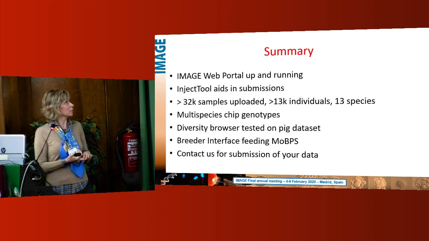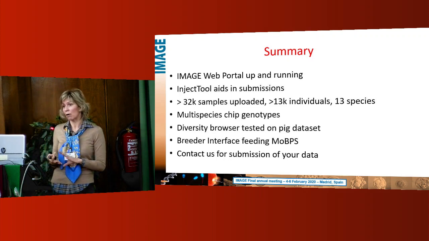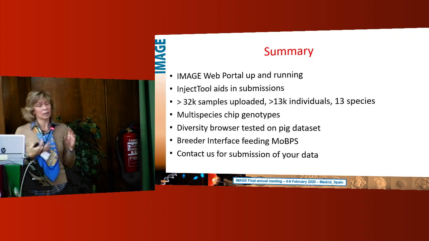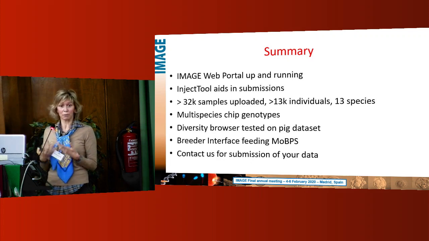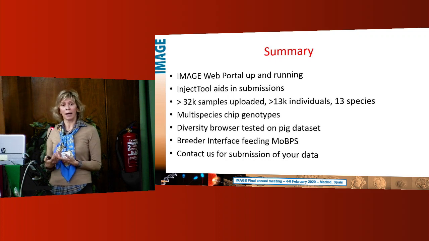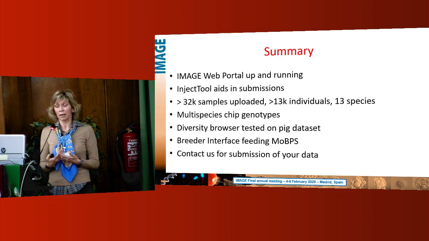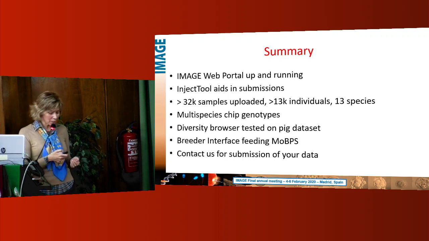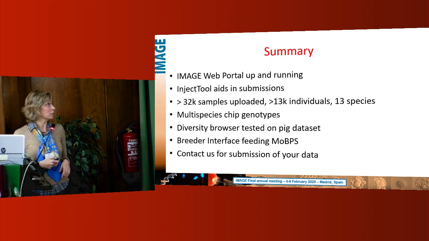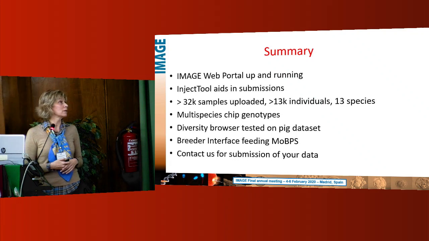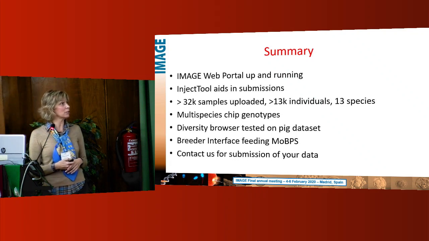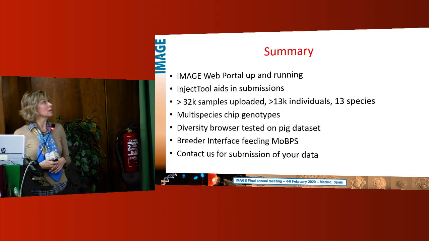So, as a summary, the IMAGE web portal is now up and running. The inject tools is working and is ready for you to use it and aid you in the submission. Currently, we are hosting about 32,000 samples belonging to more than 13,000 individuals in 13 species.